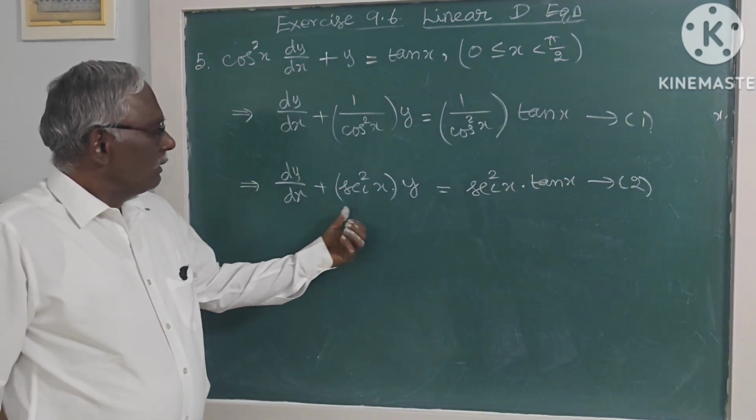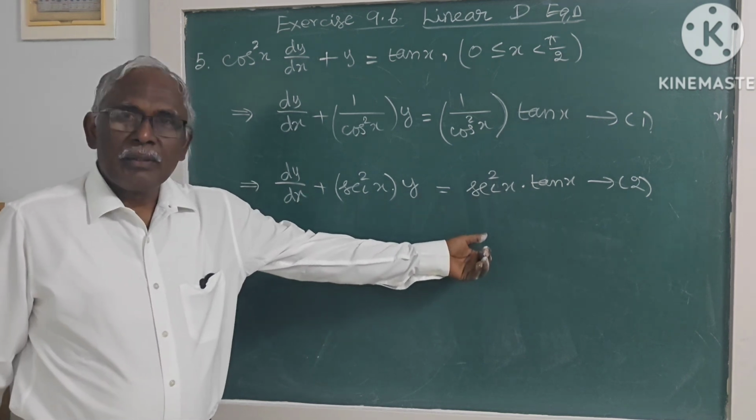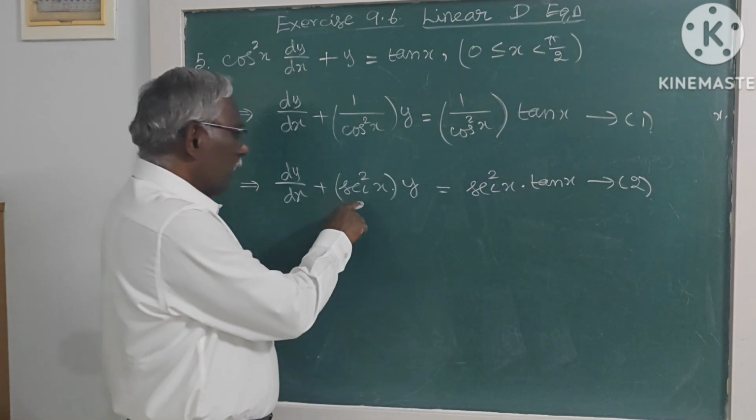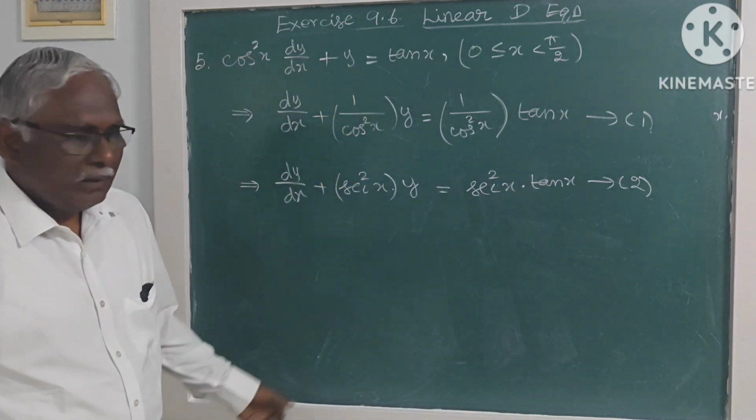Now, on comparing this with dy by dx plus py is equal to q, we get p is secant square x and q is secant square x into tan x.